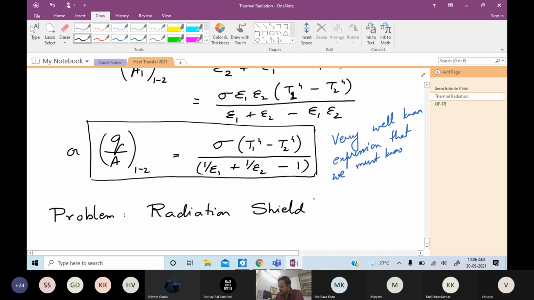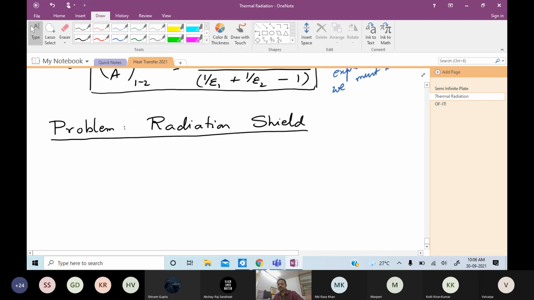As the name suggests, my aim here is to reduce the radiation exchange that I see at the top. I have two plates and I want to minimize the heat loss or heat exchange by radiation. So therefore I need a shield. So what is it?